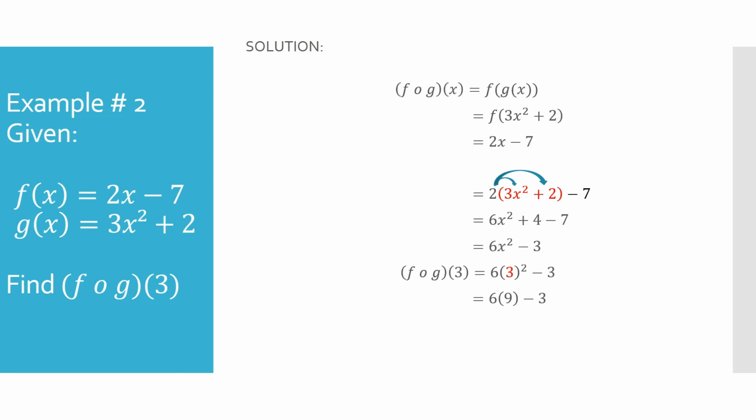It's 9 because 3 squared is 3 times 3 and that is 9, and then copy negative 3. Simplify further, we have 6 times 9 is 54 and then copy negative 3. Our final answer is 54 minus 3 is 51. Therefore, f composed of g of 3 is 51.